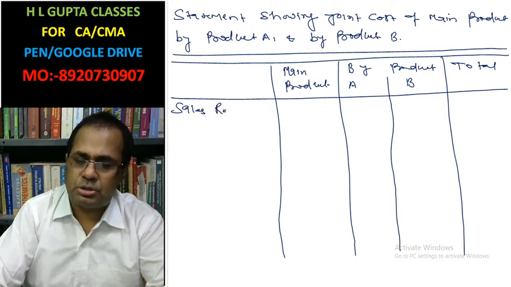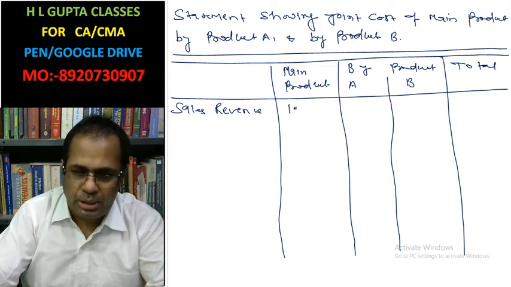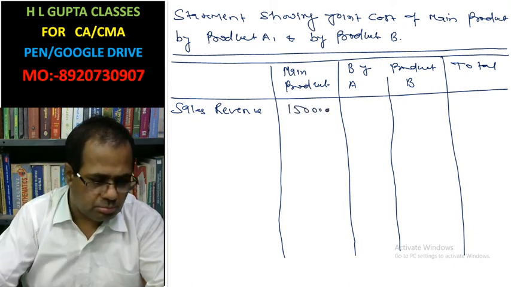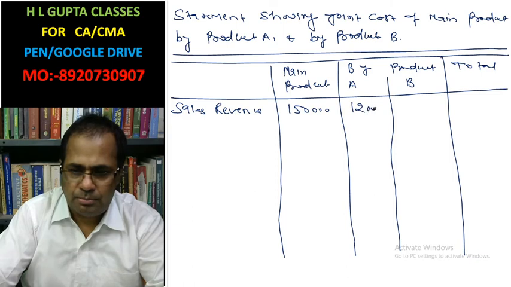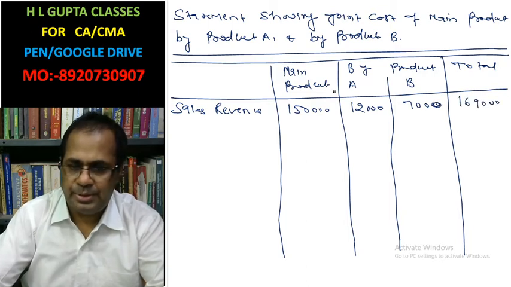This is the reversal cost method. Sales revenue that is given: 1,50,000, 12,000, 7,000, total 1,69,000. These all are in rupees.